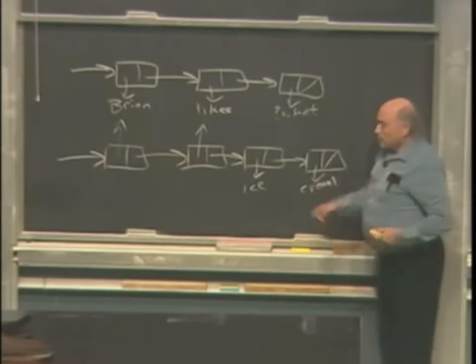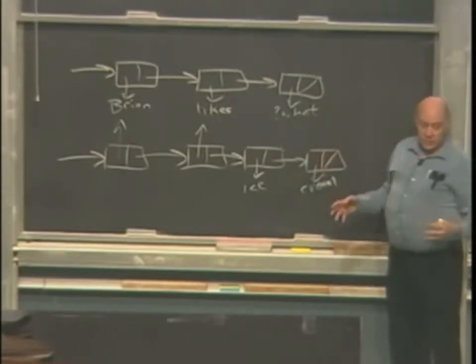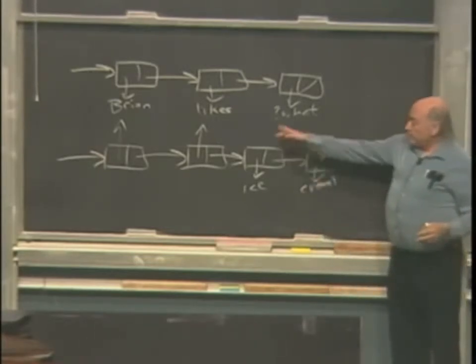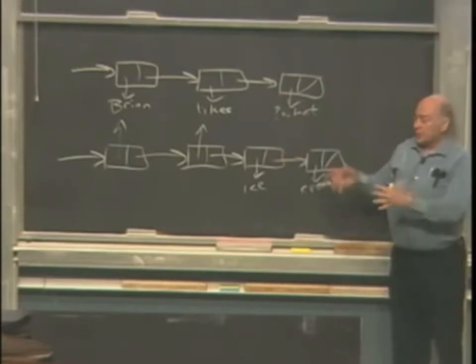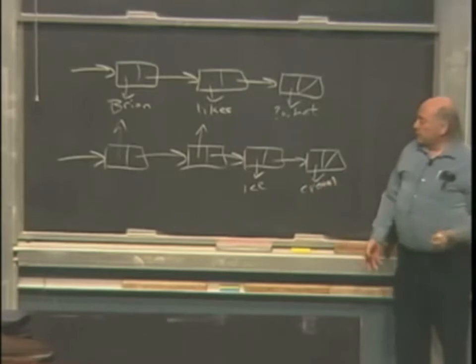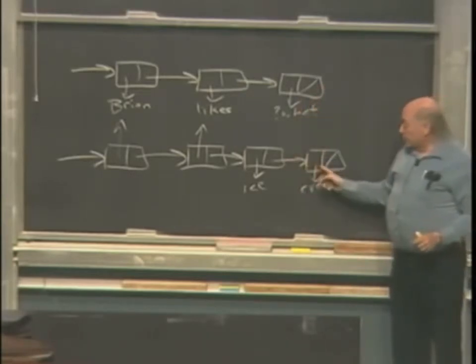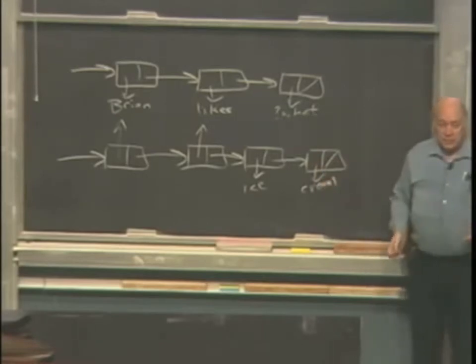Because Brian matches Brian, and then we have to look at the cdrs, and we find likes matches likes, and then we look at those cdrs, and we find ?what matches ice, and that's fine. Then we look at these cdrs. This one's the empty list, and this one's a pair, so they can't match. Those just don't work.